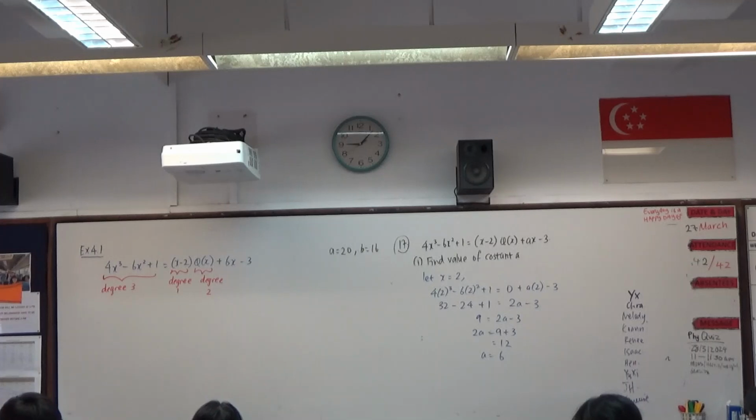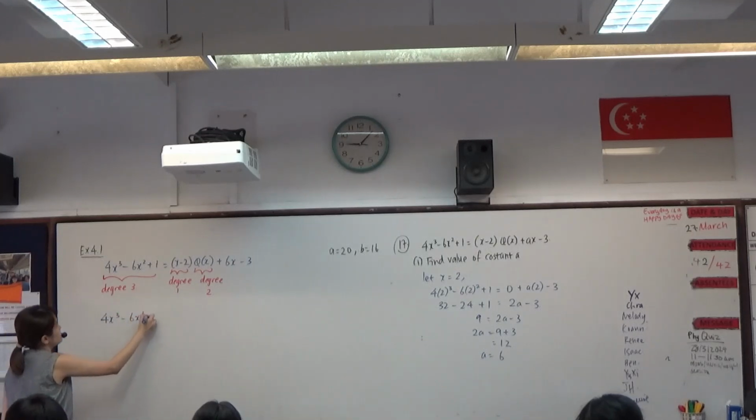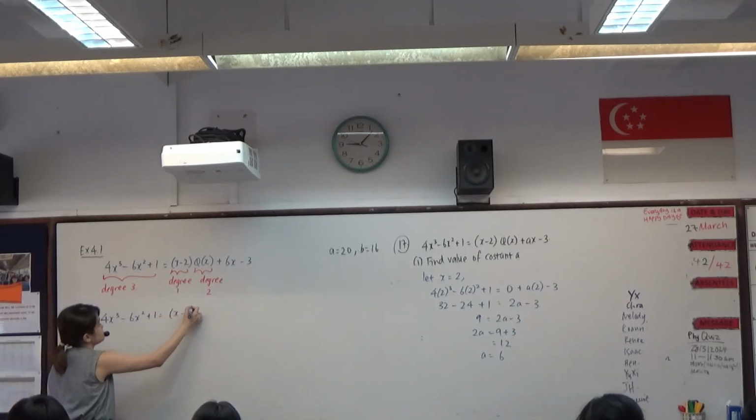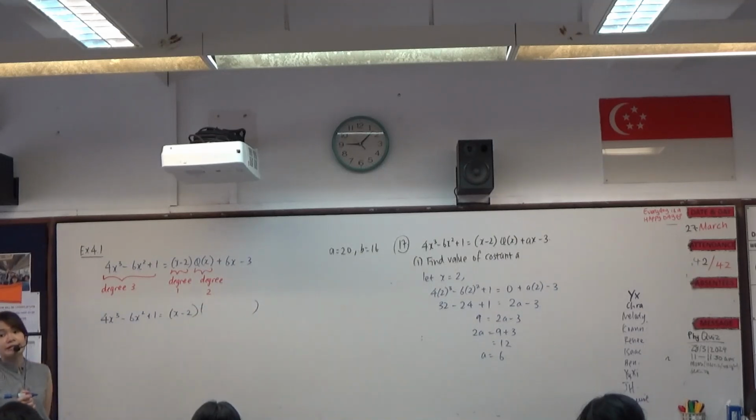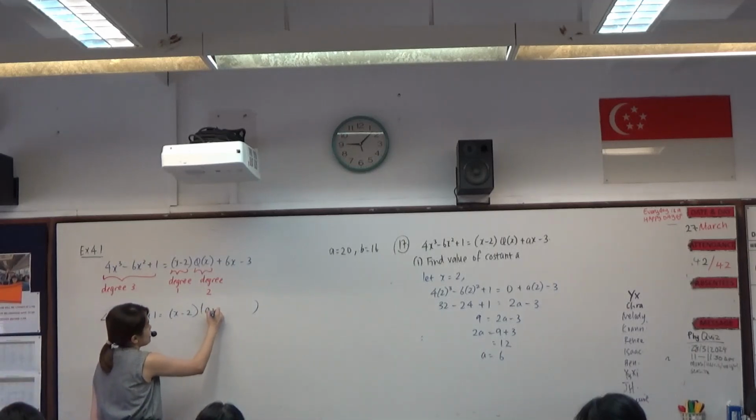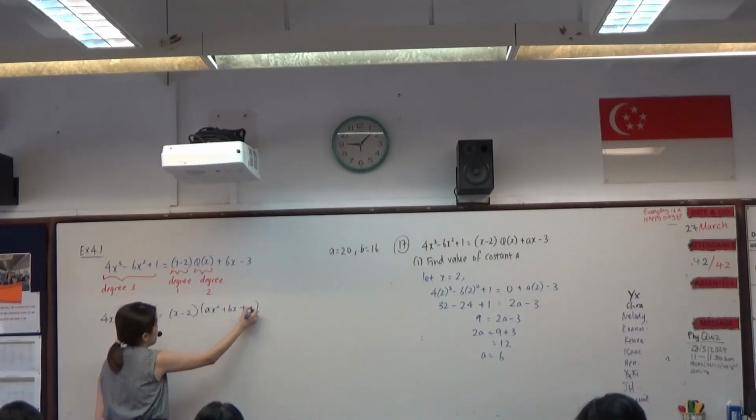So if you want to do this without doing long division, knowing that it is a degree 2 polynomial means that it is quadratic. Quadratic has a certain format to it, you can do ax squared plus bx plus c.